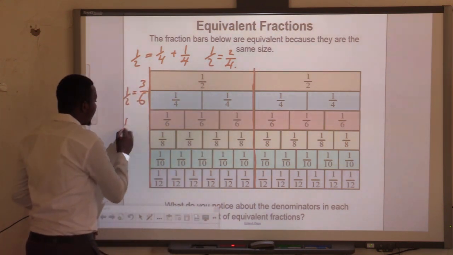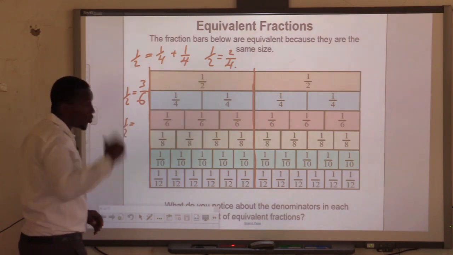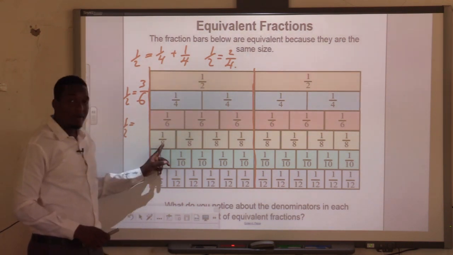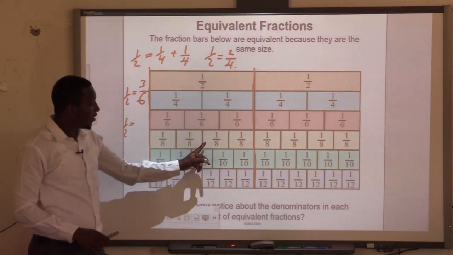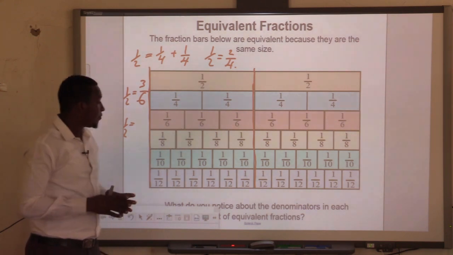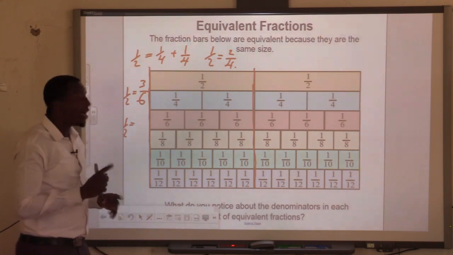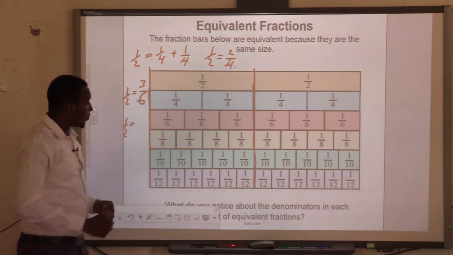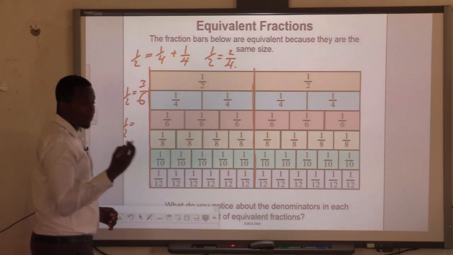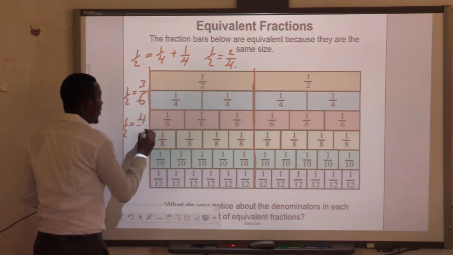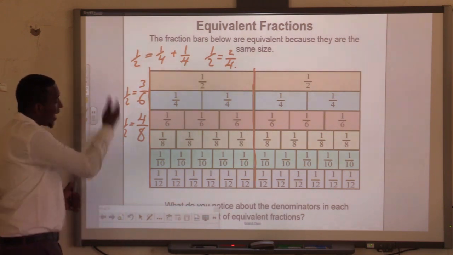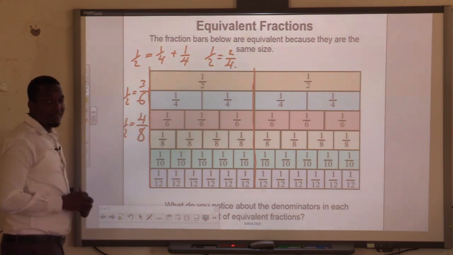Half is equal to, if you add how many 1/8? 1, 2, 3, 4. If you add 4 1/8, it will give you a half. So that is going to be 4/8. So you have 4 all over 8. So equally, we will see that half is equal to 4/8.